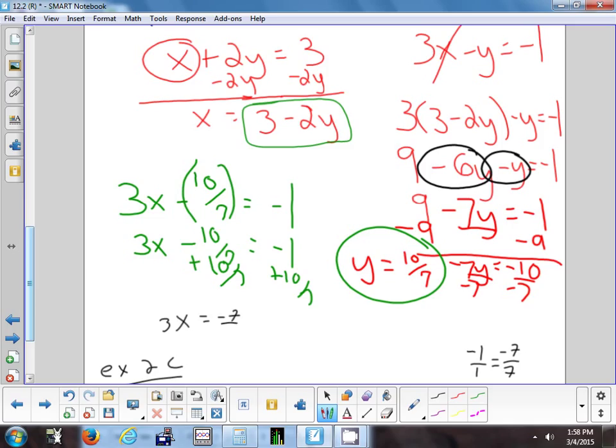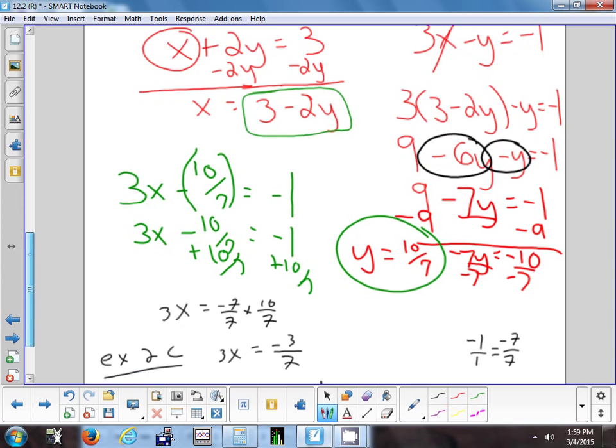So we have negative 7 over 7 plus 10 over 7. Now we've got a common denominator. What's negative 7 plus 10? Negative 3. What's my denominator? 7. And now the last step, what did Mr. Roy just say to do to get rid of this 3 next to the x? Divide by 3.